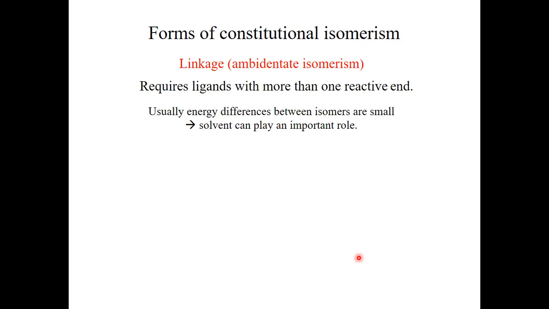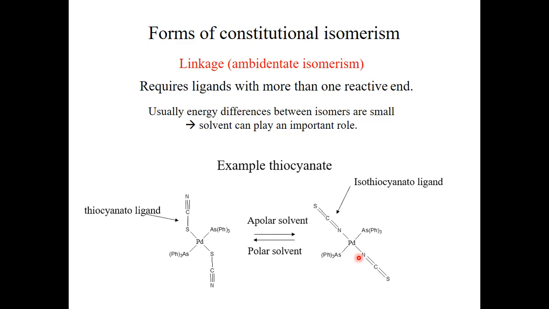So in this kind of isomerism, energy differences between the isomers are typically small, so a ligand can switch its reactive end fairly easily, and that can depend on minor differences in the environment in which the complex is. So, for instance, the solvent can play an important role.